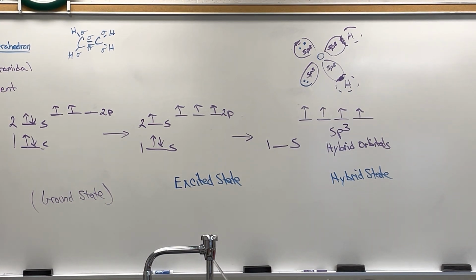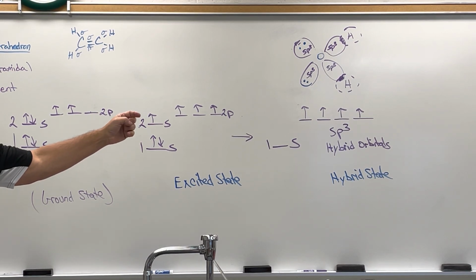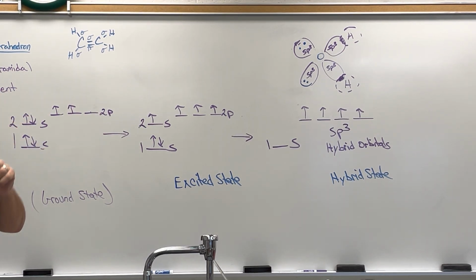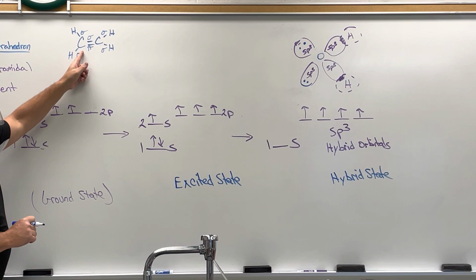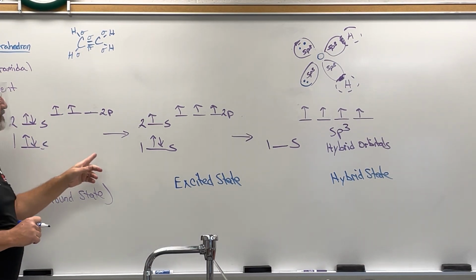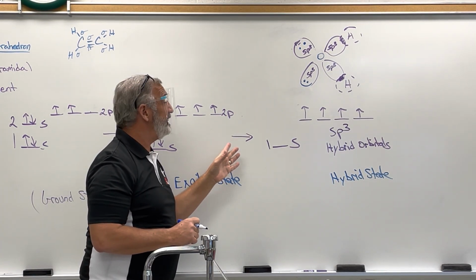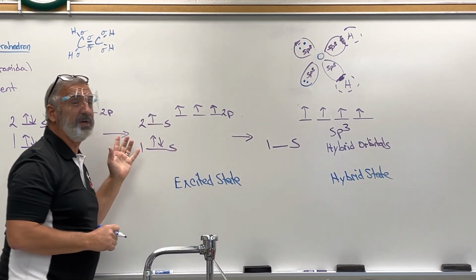Now, if you recall from Friday, only p orbitals can form pi bonds. Hybrid orbitals cannot form a pi bond. None of them can. Only p orbitals can form a pi bond. So somehow, when this carbon, and both carbons are doing the exact same thing, goes from the ground state to the excited state and hybridizes, it knows, hey, I have to form a double bond.